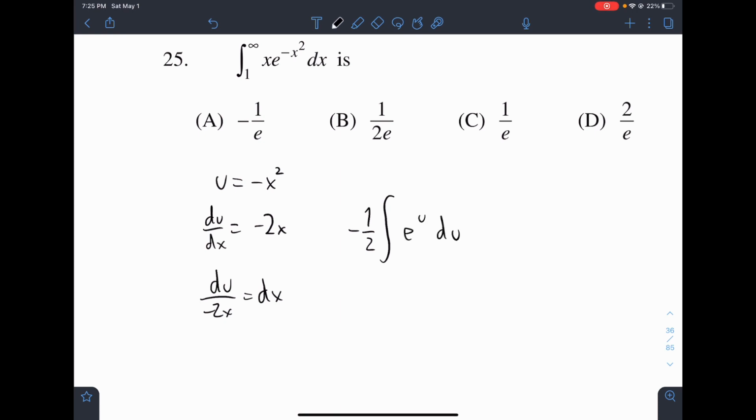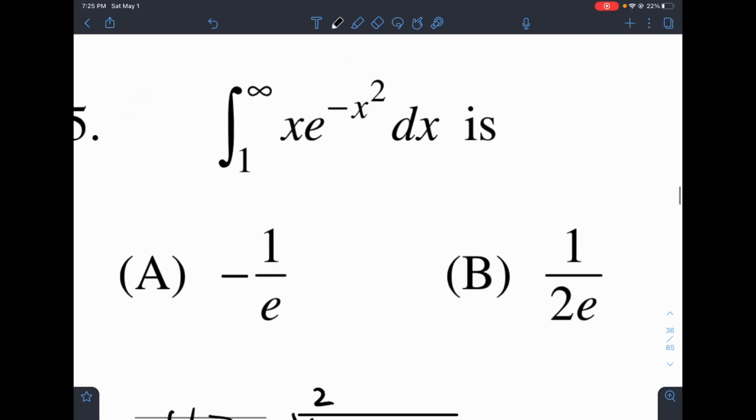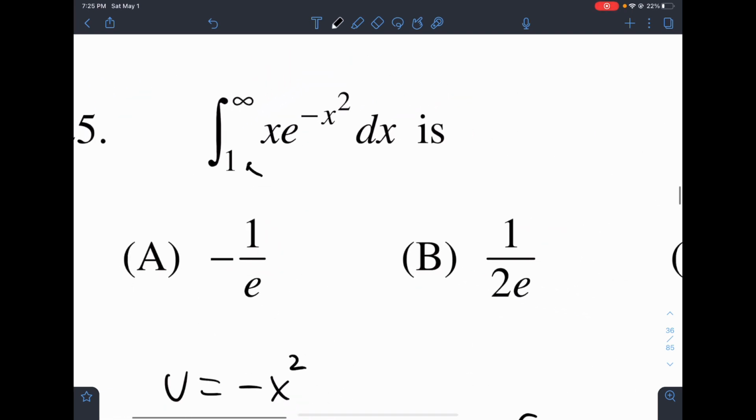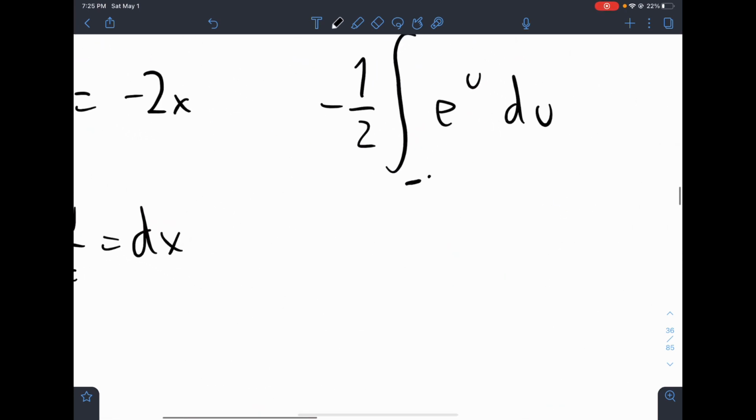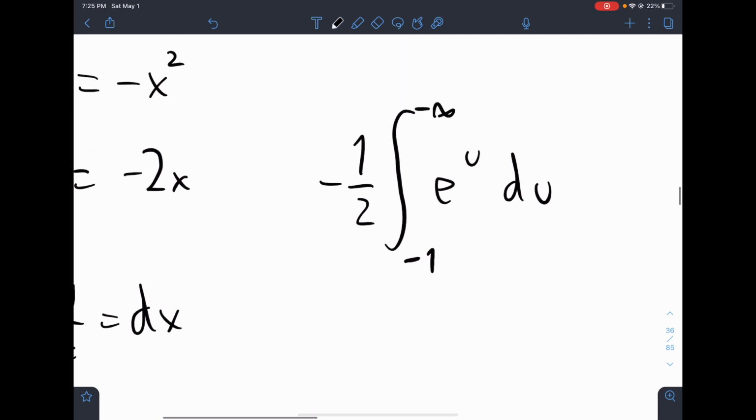But now we have to change our bounds. So we just have to change 1 to negative 1 squared, which will just be negative 1, and infinity, well, negative infinity squared is just negative infinity. So this will be the integral from negative 1 to negative infinity of e to the u du. But notice that these bounds are kind of backwards.